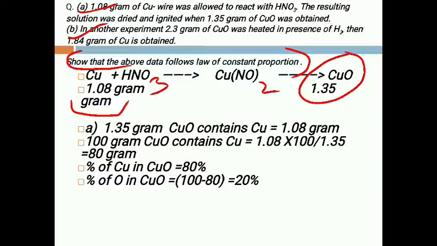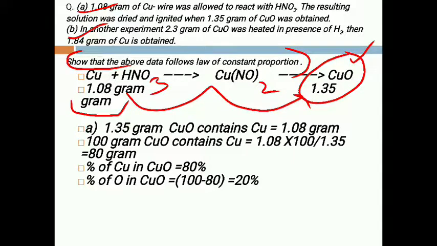You can see in the first question, this copper, first of all, when it is heated with nitric acid, changes to cupric nitrate, then it is decomposed, and then it changes to CuO, right? So you can see that 1.08 gram of copper, actually the same copper is here and the same copper goes here. The rest is the mass of oxygen which is there with copper in cupric oxide.